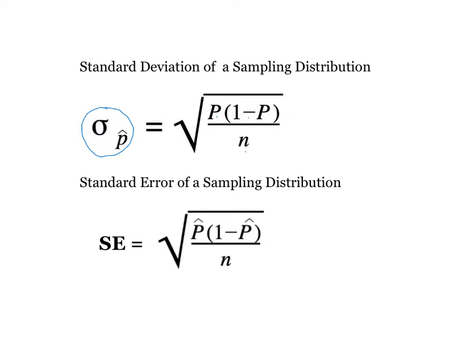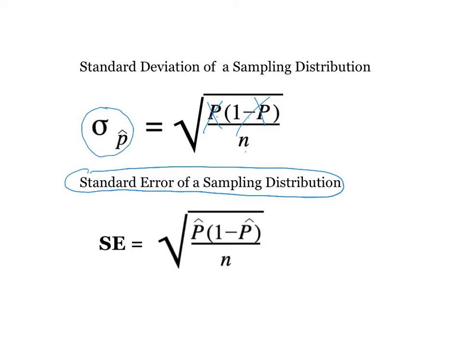Now, this is very related to the standard error, which we use when we calculate a confidence interval. Now, the standard error, you'll notice, has almost exactly the same equation, except instead of p and 1 minus p, we use p-hat and 1 minus p-hat.